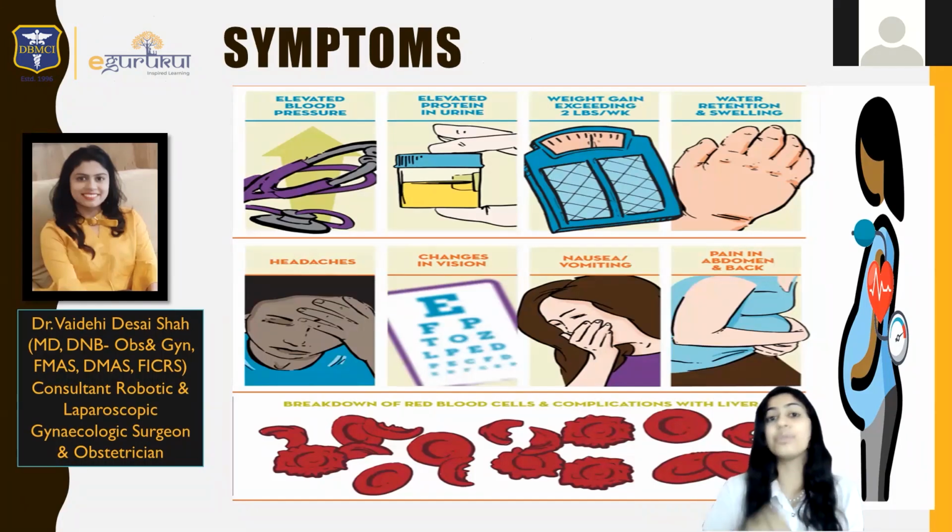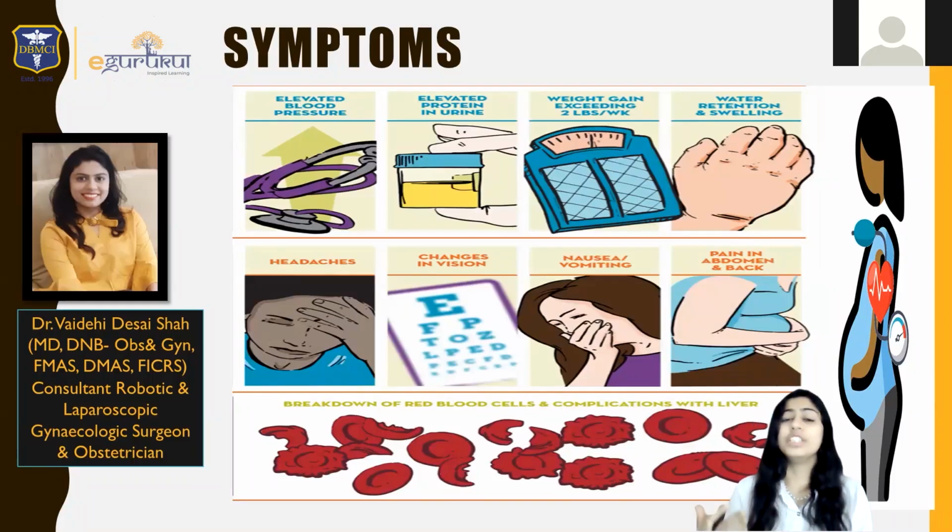It can lead to a variety of symptoms, starting with elevated blood pressure, proteinuria, weight gain and edema, that is water retention and swelling, headaches, changes in vision, nausea, vomiting, pain in the abdomen, back pain, and there can be hemolysis or breakdown of RBCs and complications of the liver.